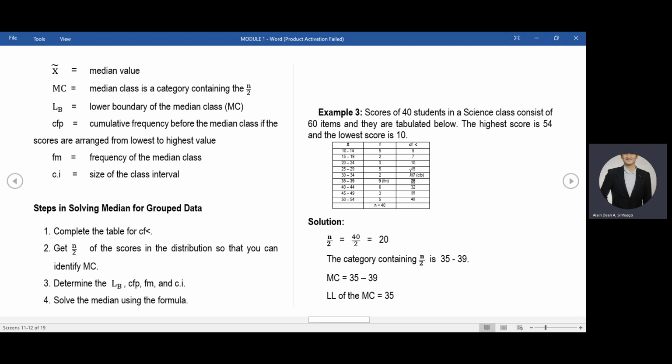It means that your 20th data value is in this interval, the fifth interval, from 30 to 34. This will be your median class.